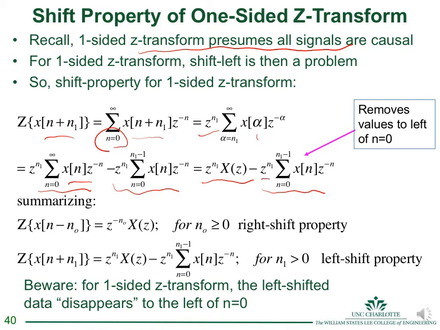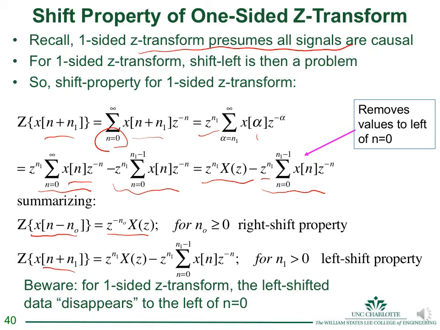So kind of summarizing, if I have a shift to the right, again, n0 assumed greater than or equal to 0, then it has the same property as the two-sided Z transform. However, if I shift to the left, I have to attend to the fact that I'm adding terms that do not exist in the normal definition of the Z transform because it's assuming causal sequences.